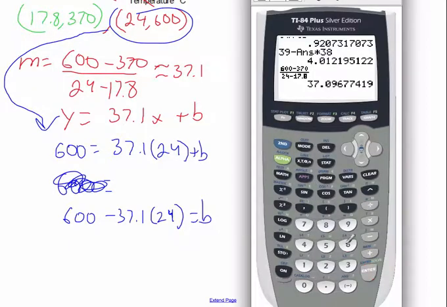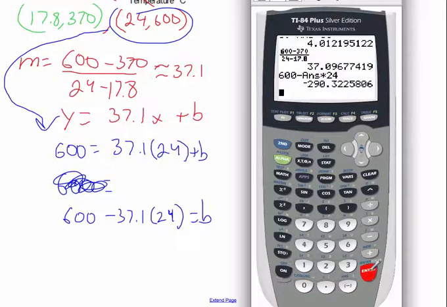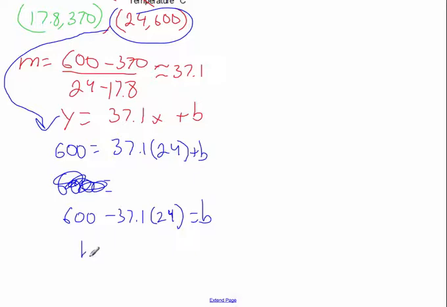We'll do that on the calculator. 600 minus, using the answer we already have, times 24, and that equals negative 290. So b is about negative 290.